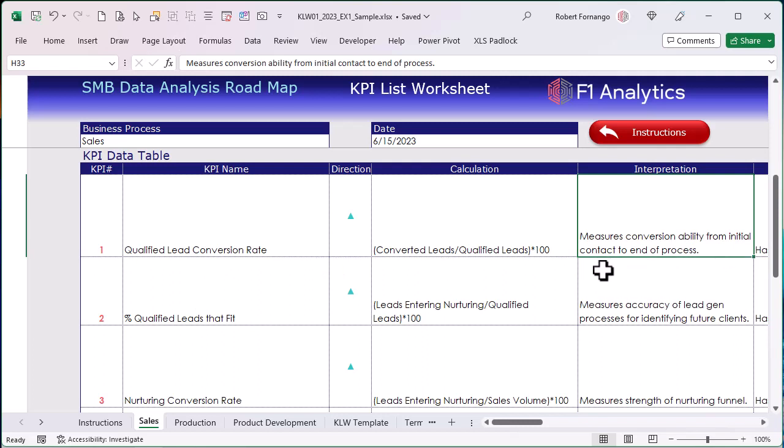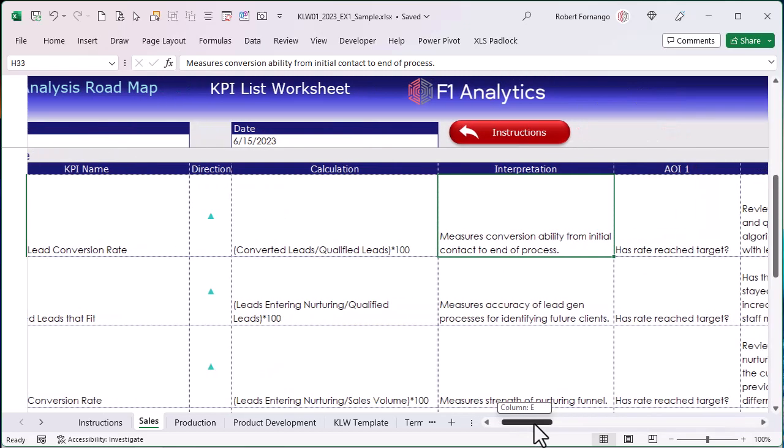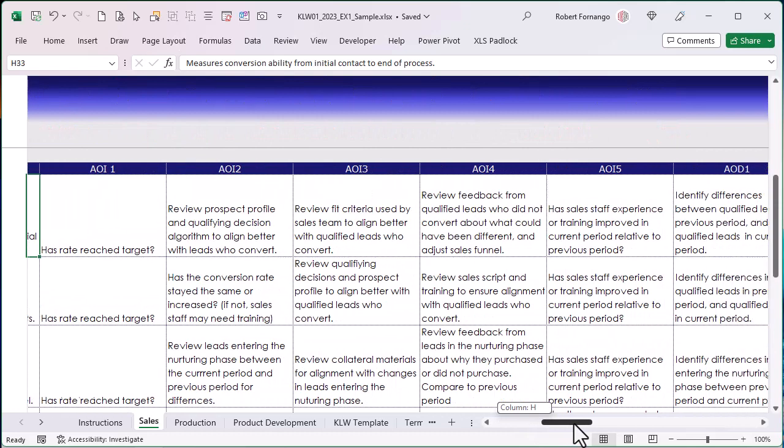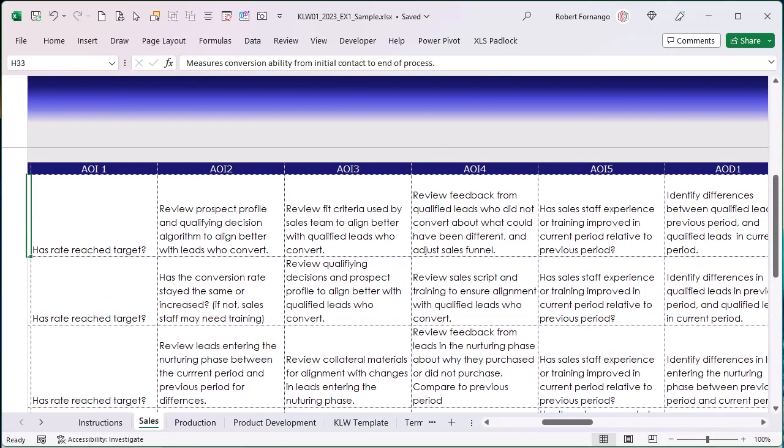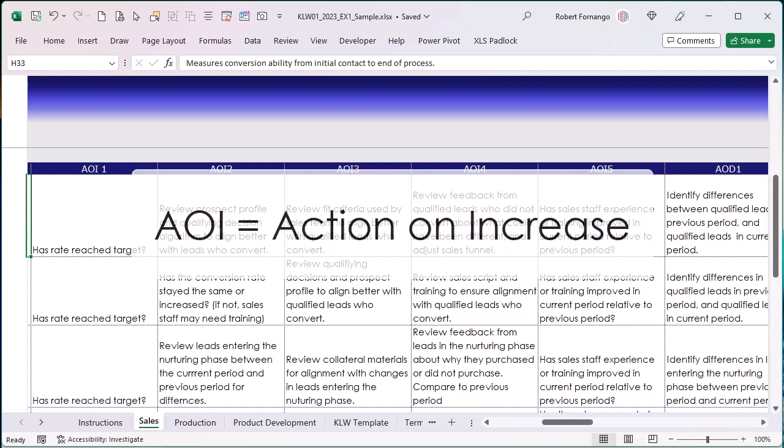So this measure is going to look at the overall ability for us to convert qualified leads into sales. The next set of measures, and there are 10 of them, are all related, and they represent the specific actions that we want to take when a KPI changes. AOI stands for Action on Increase.